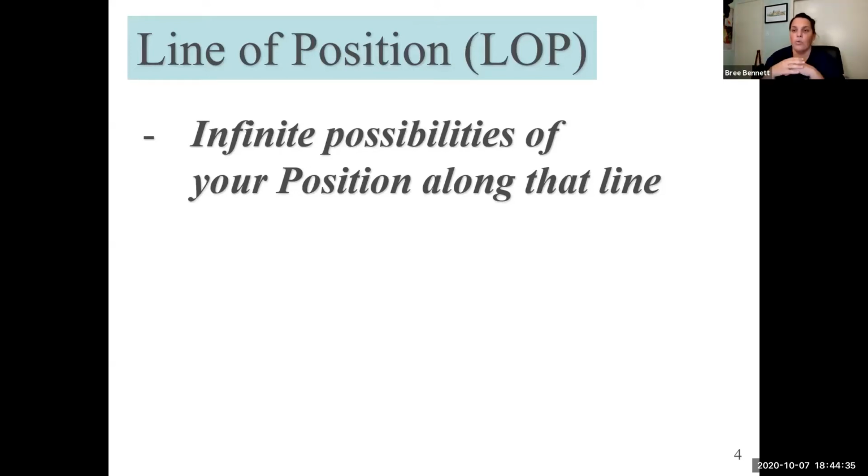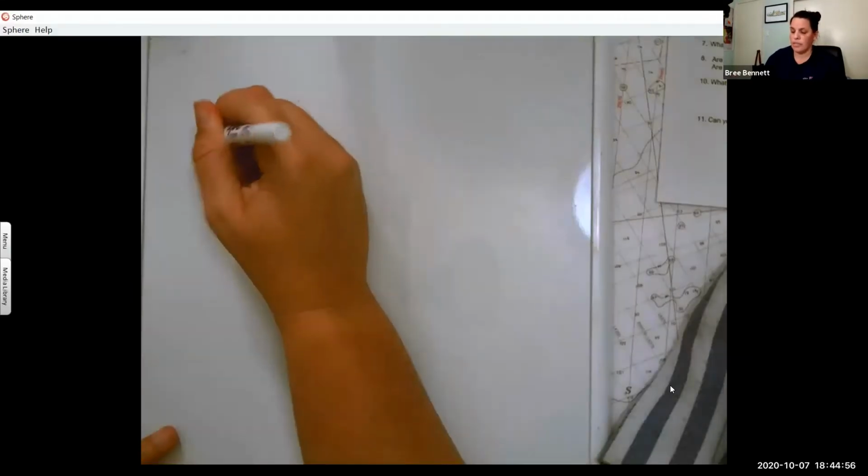And then what you get out of it is a line of position, and infinite possibilities along that line that you could be. The most common line of position is going to be a visual bearing.